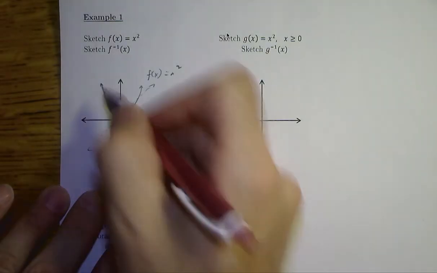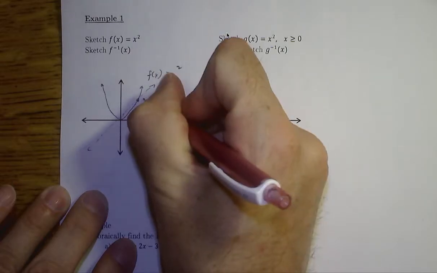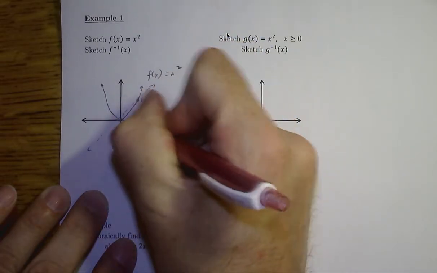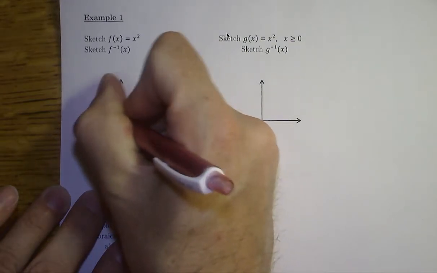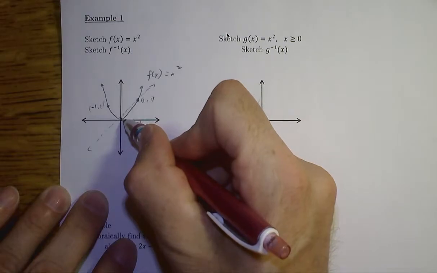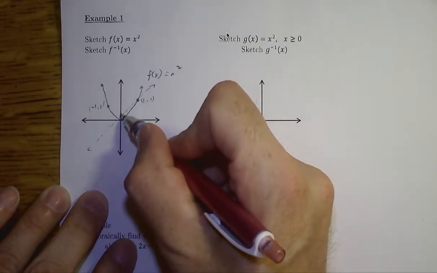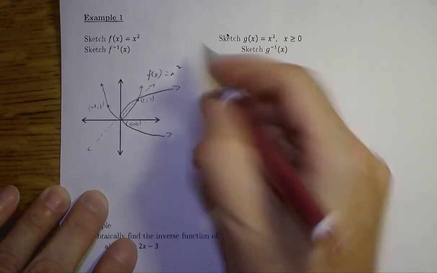If I take all my points along this parabola, right? This is 1, 1. This is 0, 0. This is negative 1, 1. If I take all these points and reflect them about the identity line, they're going to turn into this graph.